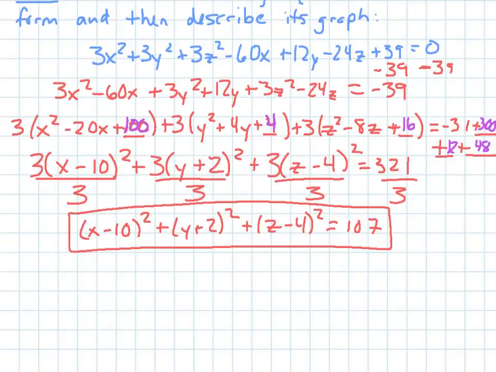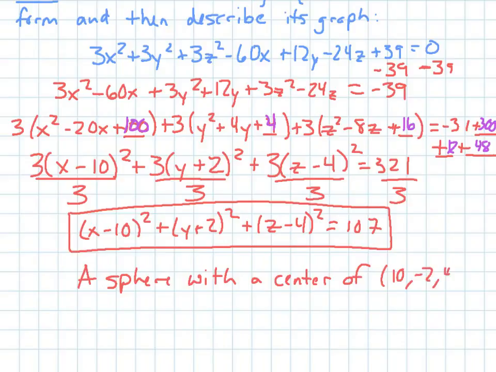Then I want to describe this. I have a sphere with a center of (10, negative 2, 4), remember they're always the opposite, and a radius of square root of 107.